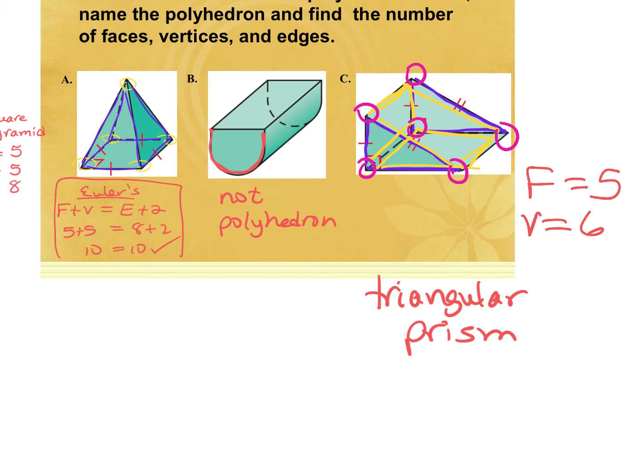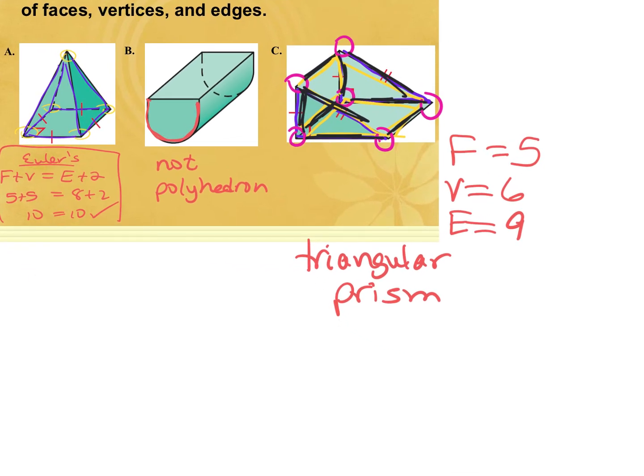And then my edges are all of these 1, 2, 3, 4, 5, 6, 7, 8, 9. I have 9 edges. And again, if you want to do Euler's, faces plus vertices equals edges plus 2.